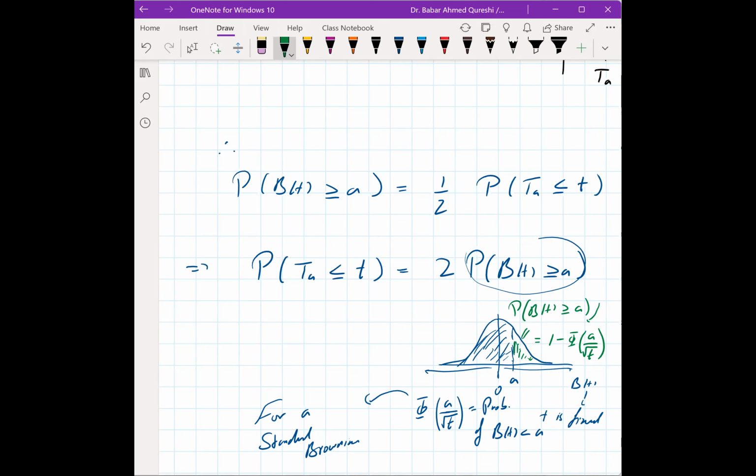This is the CDF of normal with variance.